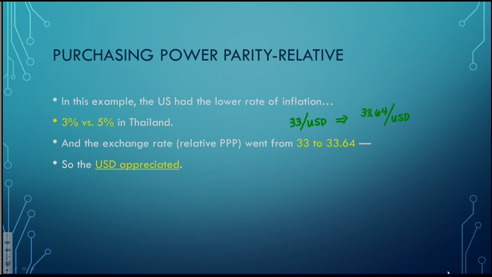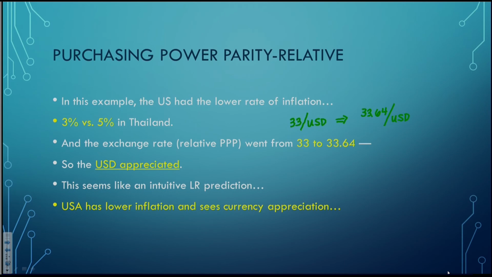Now, this seems like a pretty intuitive long-run prediction, right? So think about what we're claiming. The United States has lower inflation, and they see currency appreciation. Thailand has higher inflation, and they see currency depreciation.